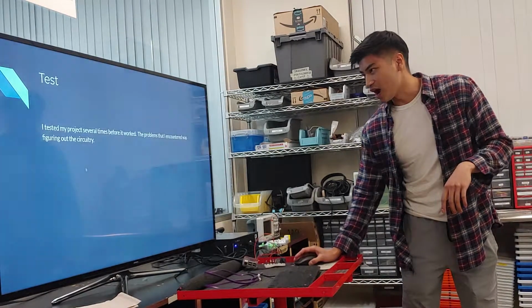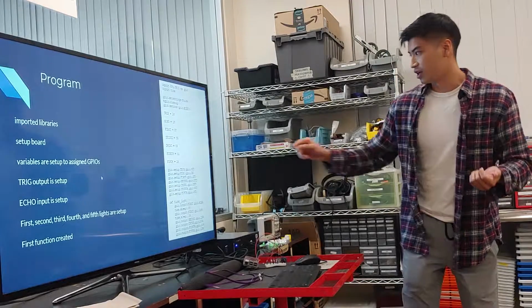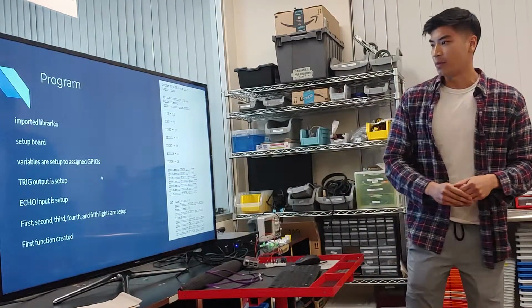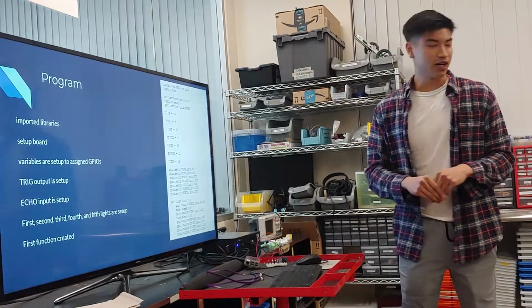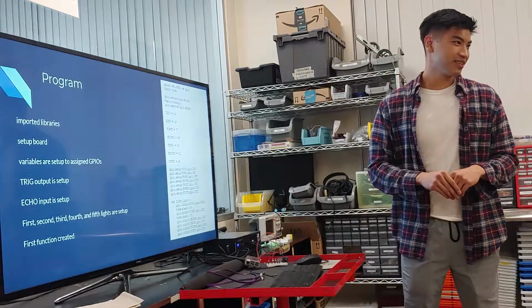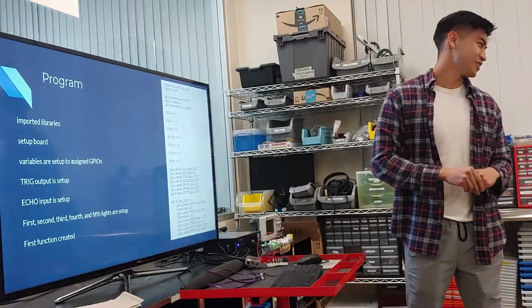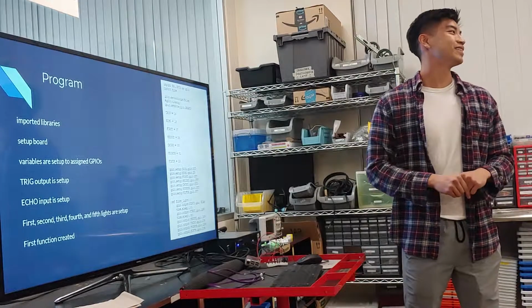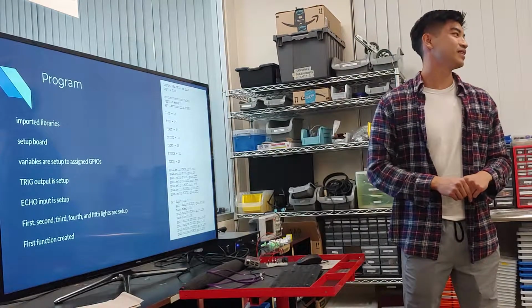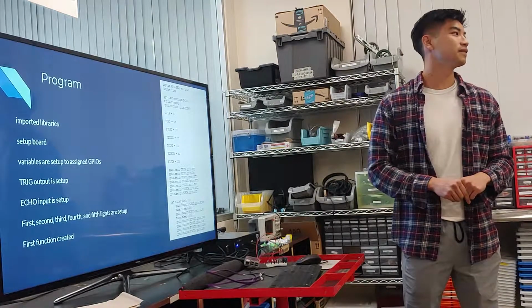And then I also have my trig output setup, which is right here. My echo input setup, right here. And how many of you guys know what trig is? Trig is one of the things that you have a GPIO pin for on an ultrasonic sensor. And what is the function of that?